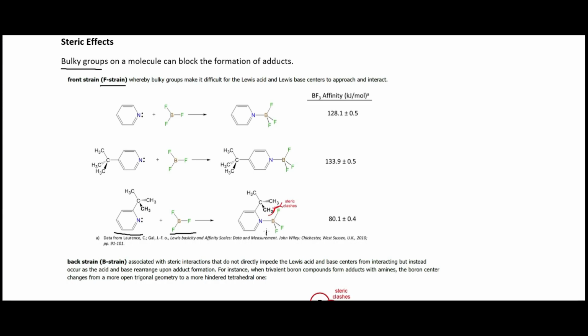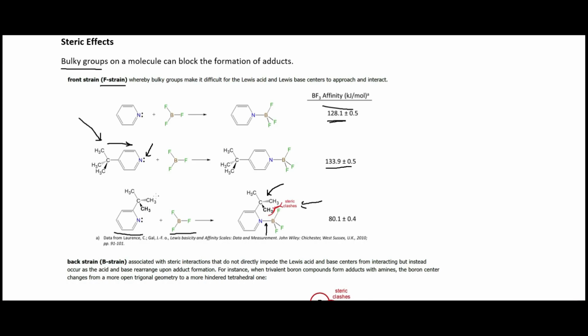So we see down here we have this base and then this Lewis acid here, and when these try to bond like this, we see that this group right here is clashing with the fluorines on our acid. The affinity here goes up a bit, this is 128.1, because we have this electron contributing group right here, pushing charge onto the basic nitrogen right here.